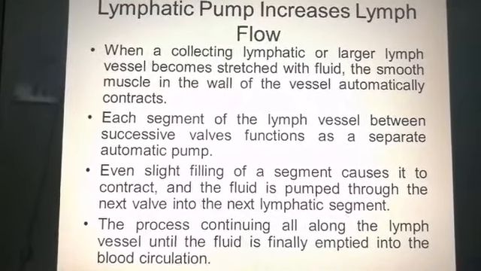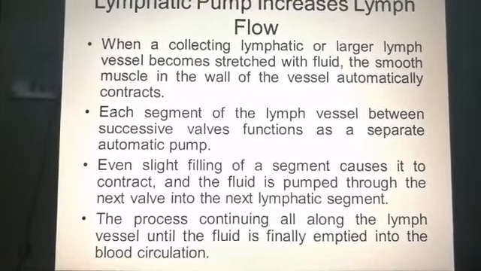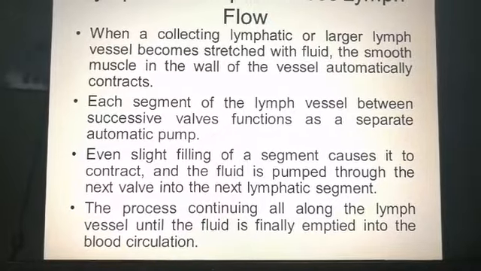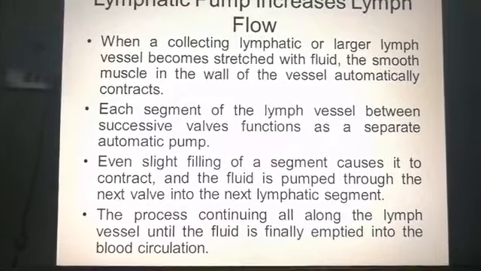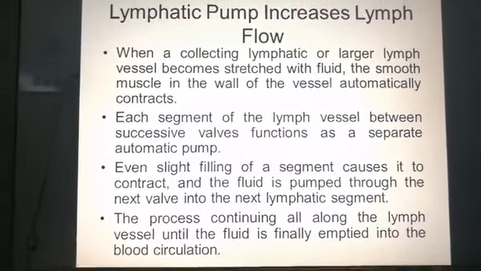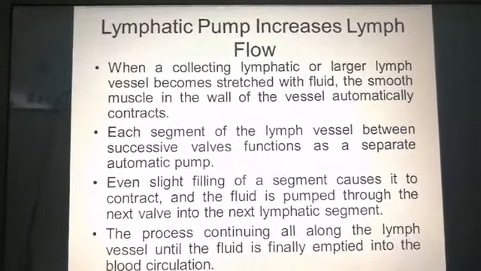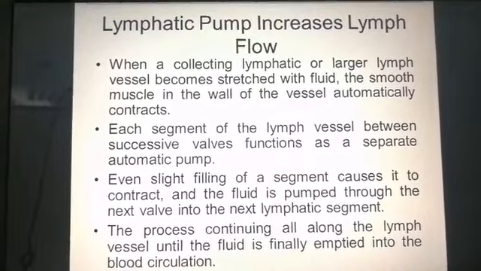So this is the whole mechanism. The process continues all along the lymph vessel until the fluid is finally emptied into the blood circulation. So ultimately the fluid enters the blood circulation by this process of lymphatic pump and opening of valves.